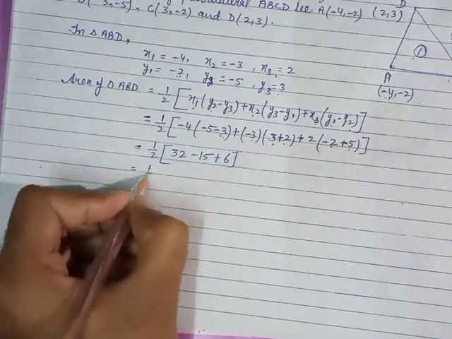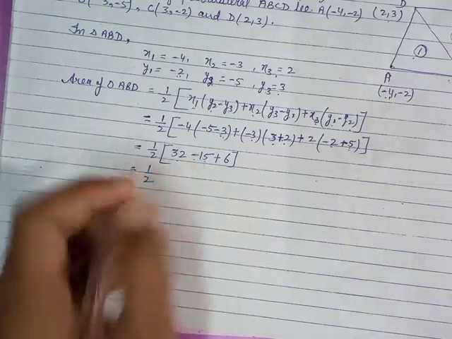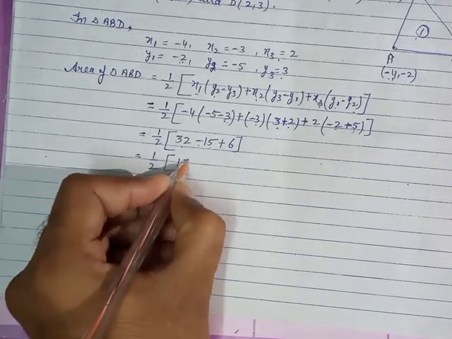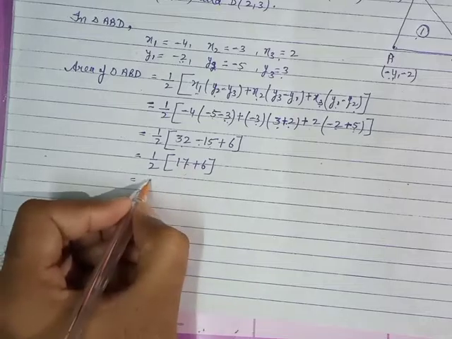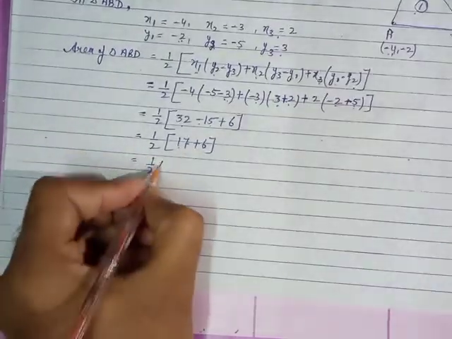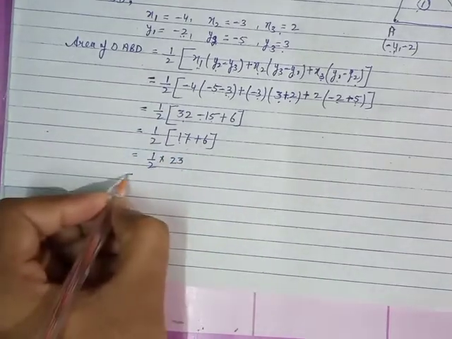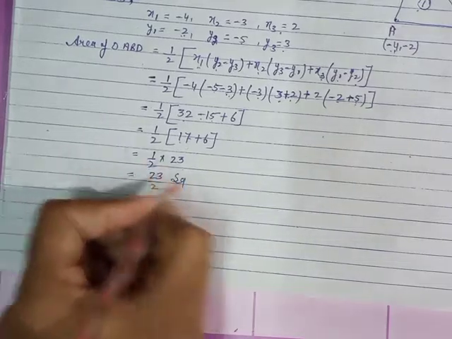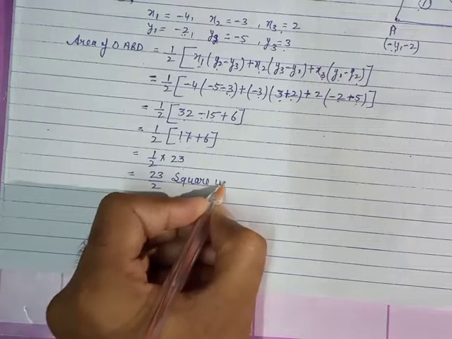Now 1 upon 2, when 32 minus 15 we get here 17. 17 plus 6, you can see here 1 upon 2, 17 plus 6 will be 23. So area of ABD will be 23 upon 2 square unit.